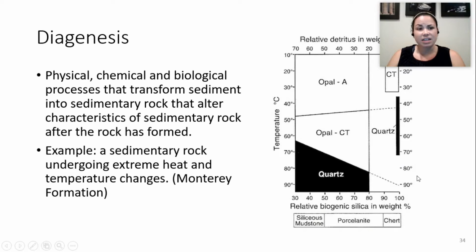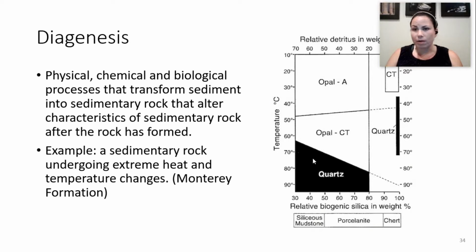Okay, lastly is diagenesis. This is a physical, chemical, and biological process that transforms sediments into a sedimentary rock and alters the characteristics of the sedimentary rock after the rock is formed. An example of this is how quartz can undergo diagenesis. Over different temperatures and different amounts of silica, this rock can actually transform into something else.